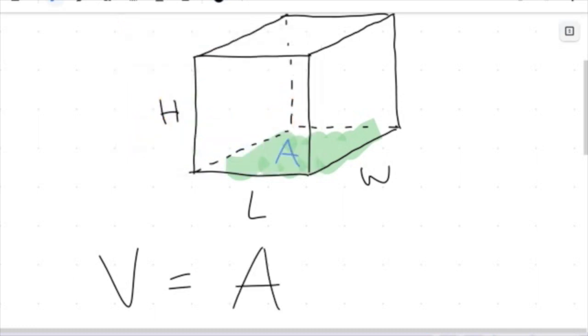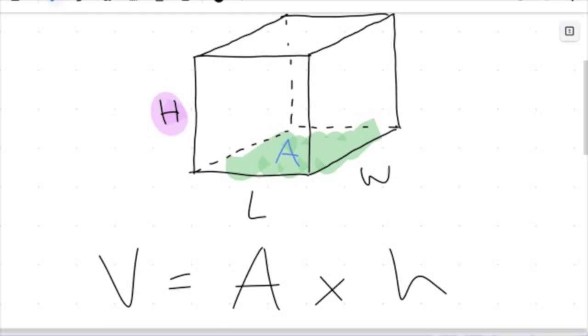Here I've just done the base area of my cube, and we multiply that by the dimension or the side going away from that. So in this case, that's going to be our height up here. This is hopefully revision. If any of this is new to you, please look at some previous videos, because we're doing this assuming you've already got your head around basic volume questions. So our regular volume of some cube, for example, or any rectangular prism, is going to be just the cross-sectional area multiplied by the height.